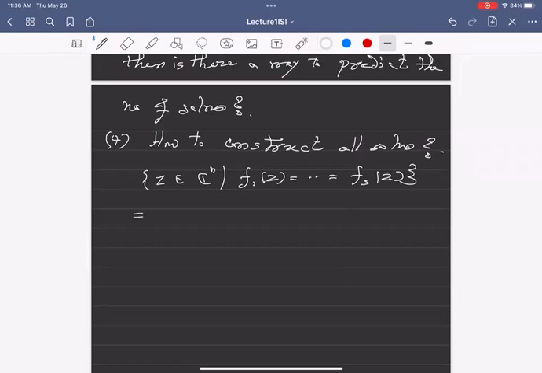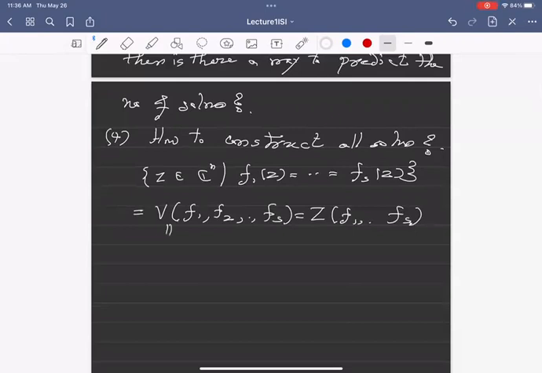This is called the variety defined by these polynomials. Or this is also called the set of zeros of these polynomials. So V is for algebraic variety.